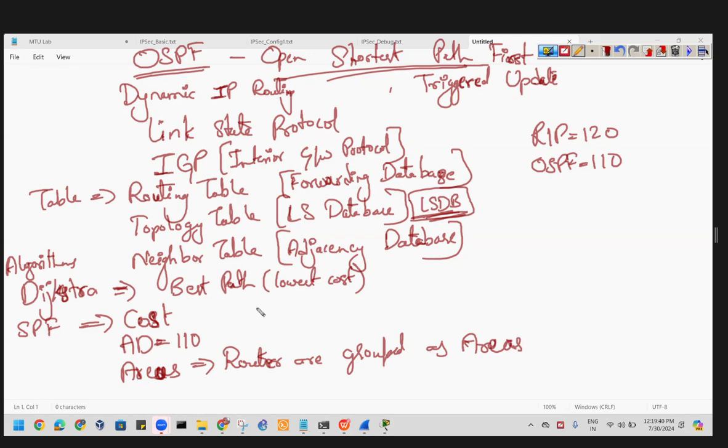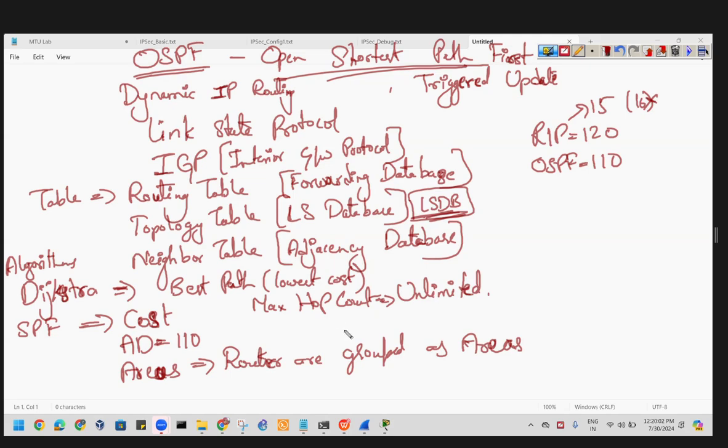Then what is the maximum hop count it supports? RIP is 15, correct? The 16th is unreachable for RIP, whereas the maximum hop count for OSPF is unlimited, which means you can have any number of routers.